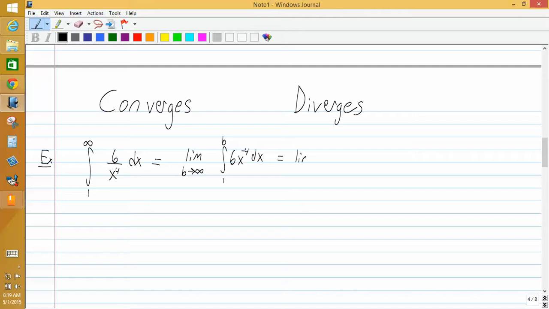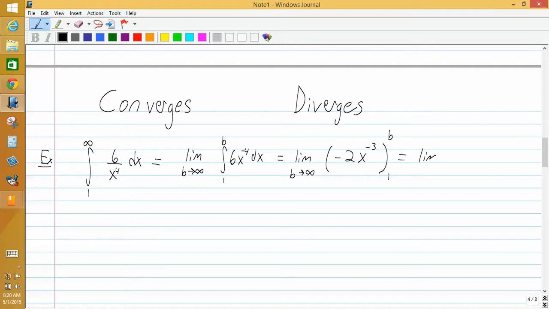So it's equal to the limit as b approaches infinity of, now whenever you integrate, you add 1 to the power, that'll be negative 3, divide by negative 3, so that's going to be negative 2 x to the negative 3. And that's going to be evaluated from 1 to b.